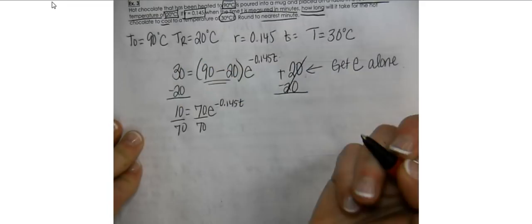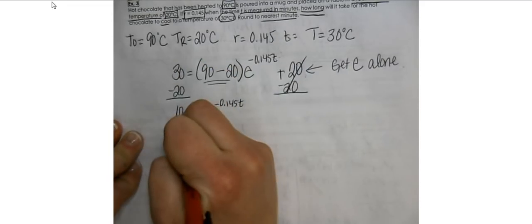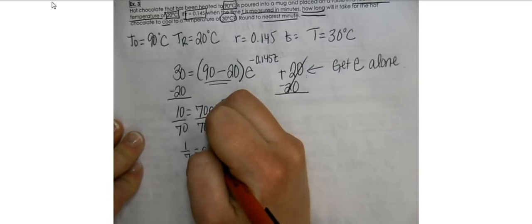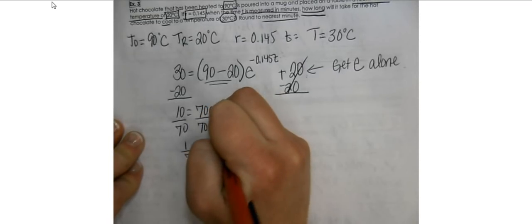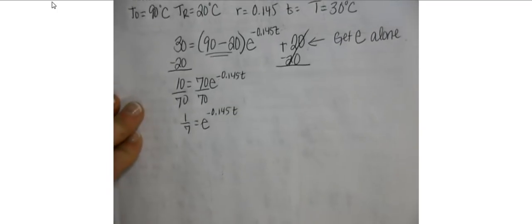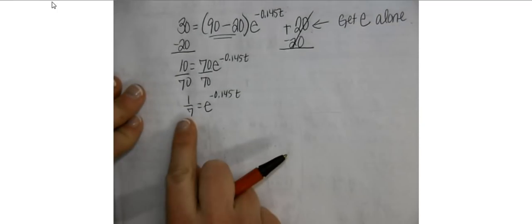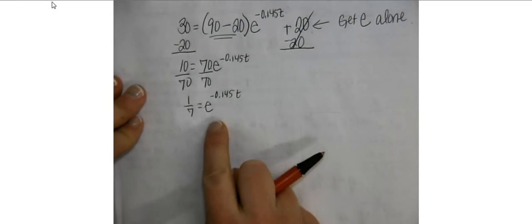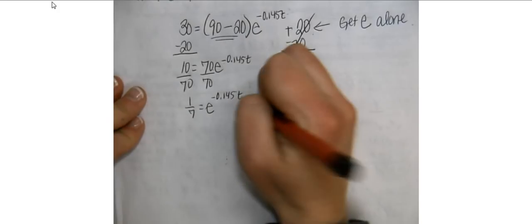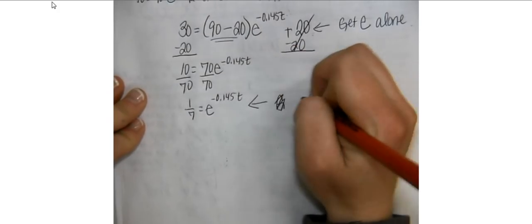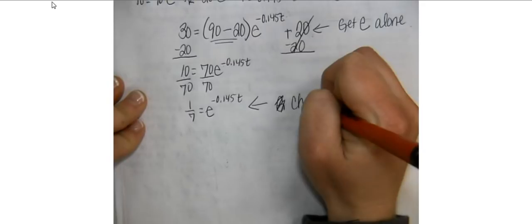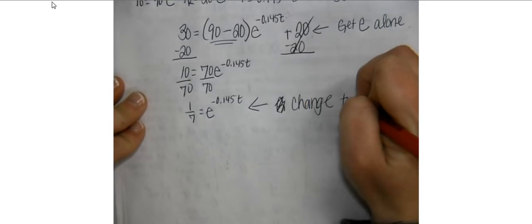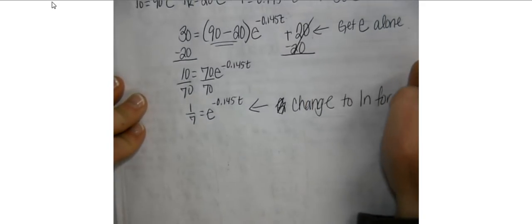And I end up with 1/7 is equal to e raised to the negative 0.145 times t power. Now I cannot change 1/7 to become an e and vice versa. So I'm going to change this to natural log form, logarithmic form.